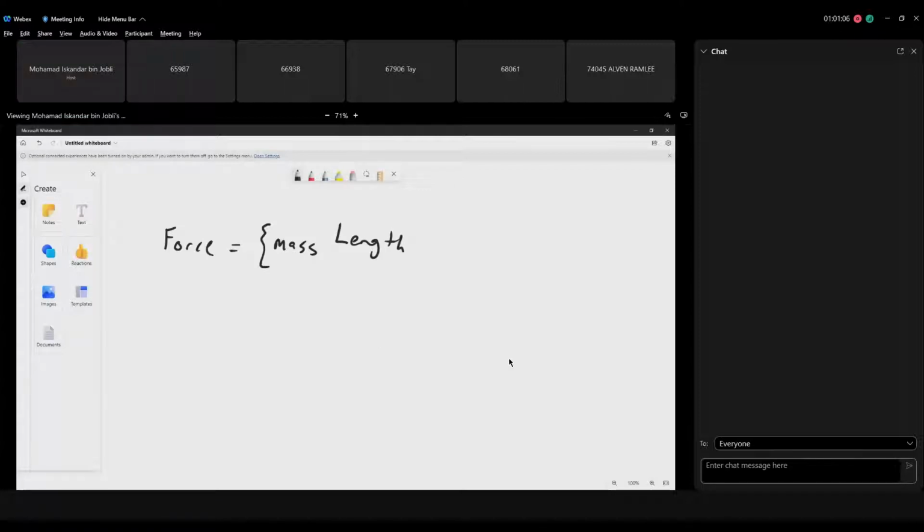Length over time, in bracket square, equals M L over T square. M L over T square.